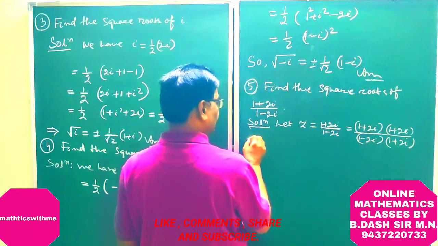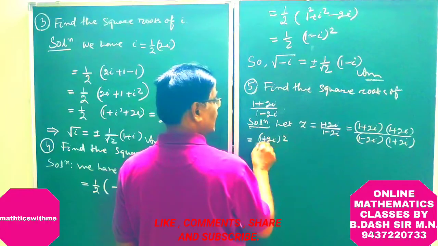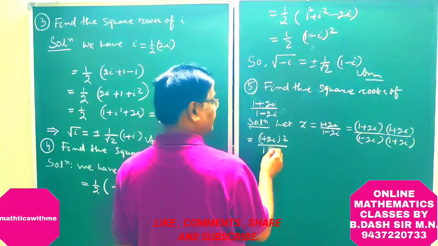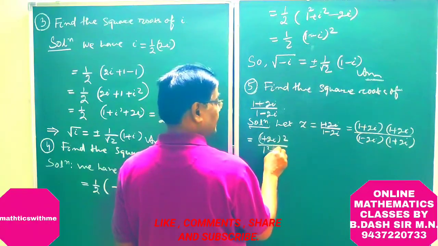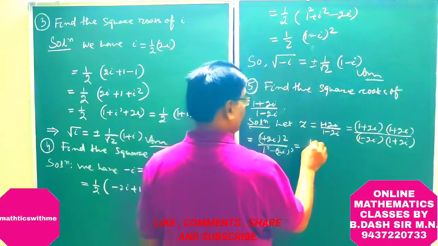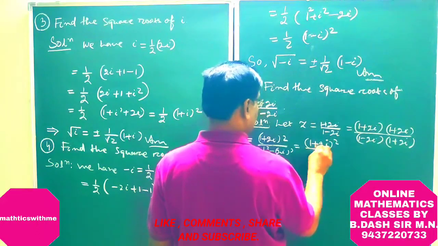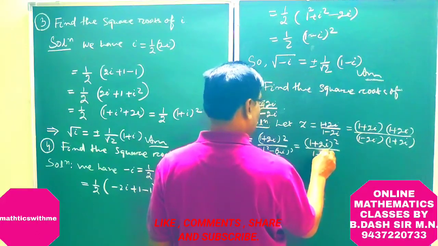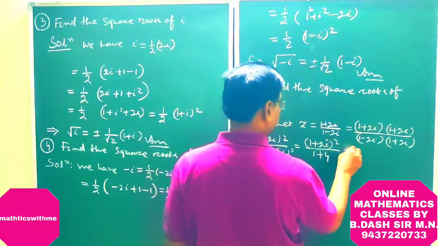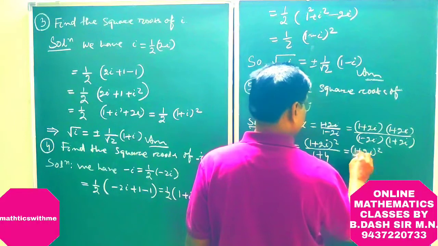So this equals (1 + 2i)²/(1² − (2i)²). This is (1 + 2i)²/(1 + 4), which is (1 + 2i)²/5.